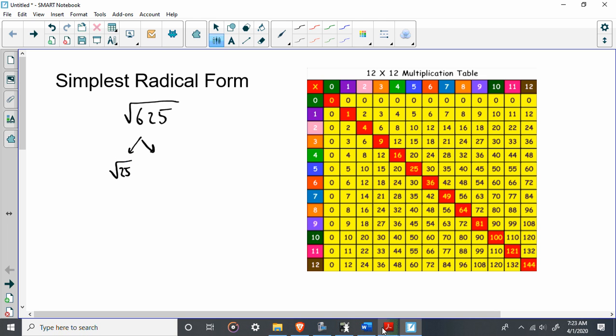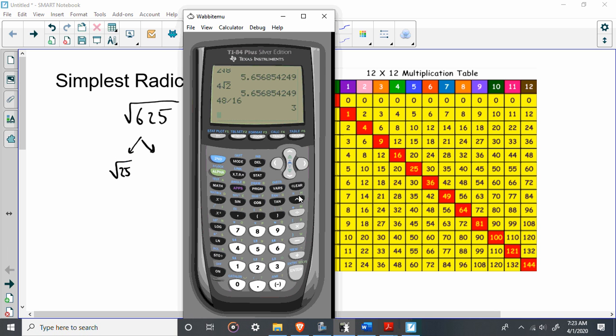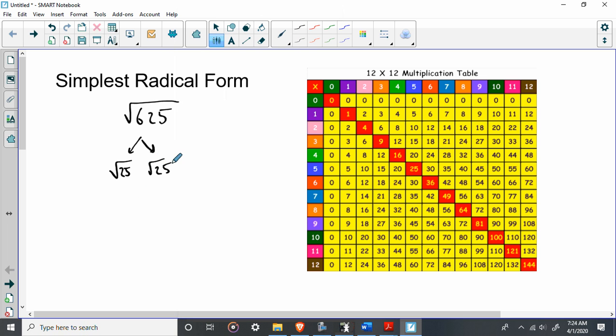What's 625 divided by 25? Oh wait, it's 25 again. So wait a second, I could do this actually twice. This is actually 5 and this is 5. Well, they all simplified, and that shows you something, that the square root of 625 is 25, okay?